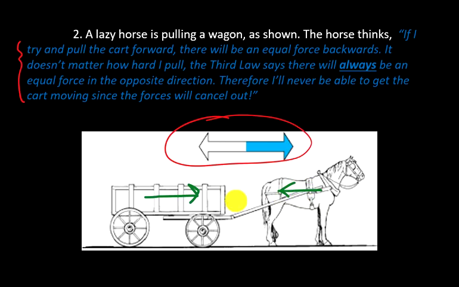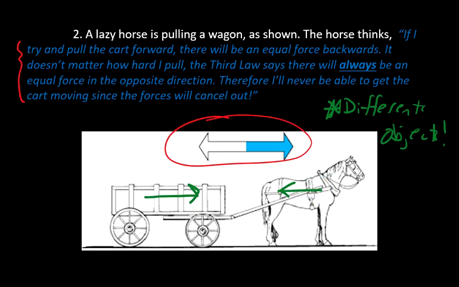These forces are not canceling because they are on different objects. That's the main solution to this problem, different objects. It is true that these forces are equal and opposite, and if the horse pulls more, the cart pulls more, but they are acting on different things.